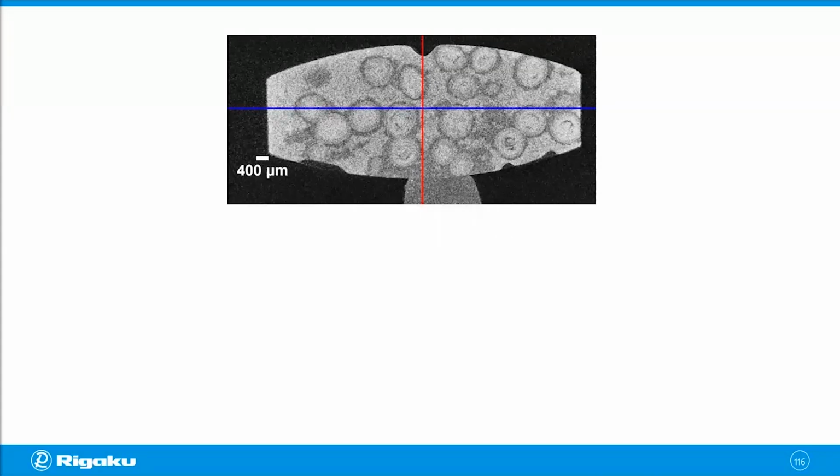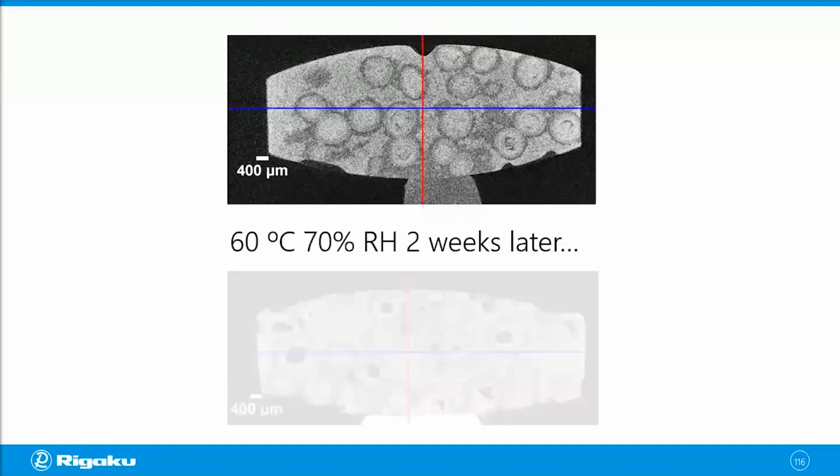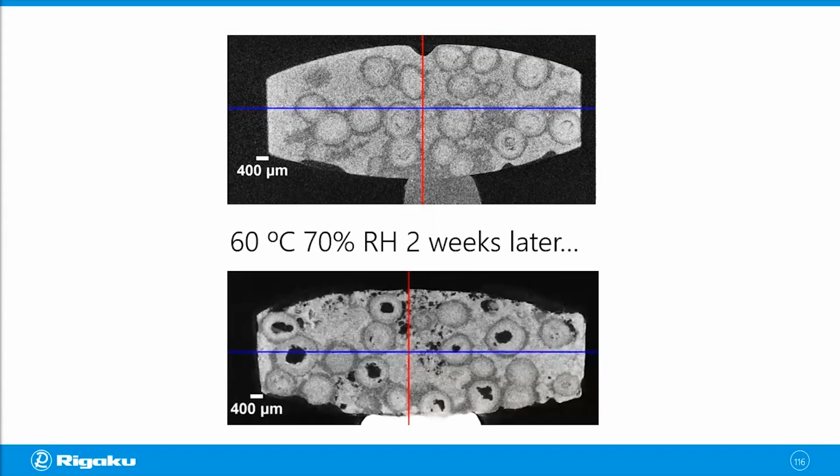But we're gonna leave this in 60 degrees, 70% humidity environment for 2 weeks. Then this is what it became. All those black spots you see in this tablet are voids. So you can see that not only the rapid dissolving matrix, but the core API has dissolved as well. So this is a change you can see in 2 weeks.